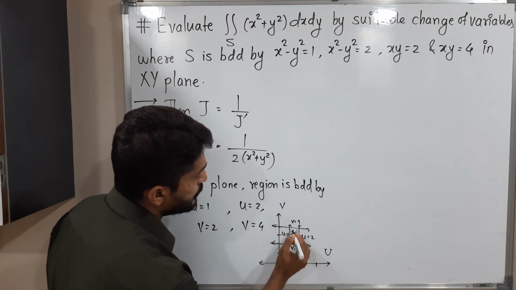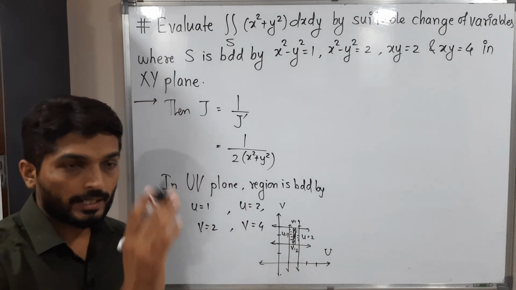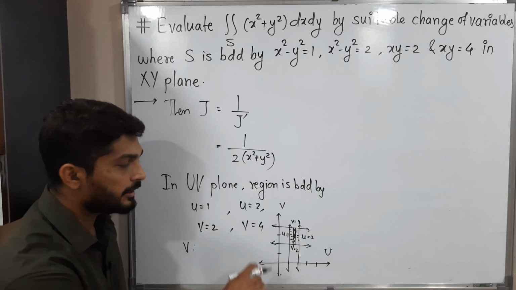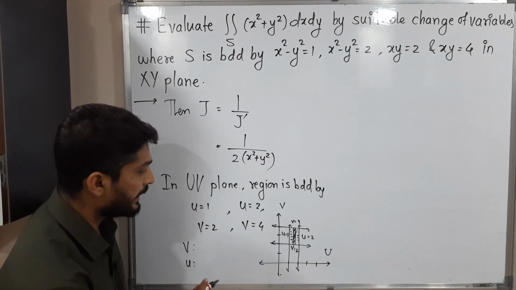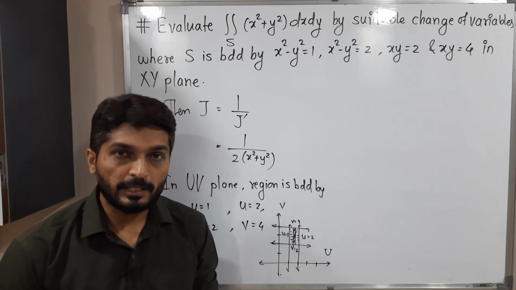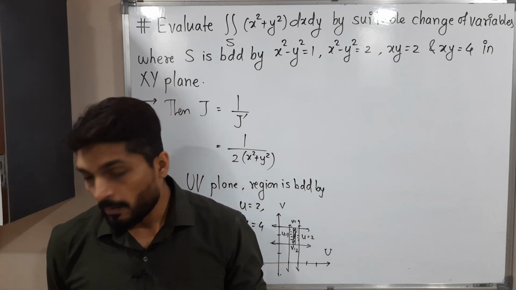This is the region of integration, and here I will consider a strip parallel to the v axis. So let me write the limits here. Our strip is parallel to the v axis, so I should write the limits of v first and then the limits of u. So you know that in case of double integration, when we draw a strip, we have a very basic funda.